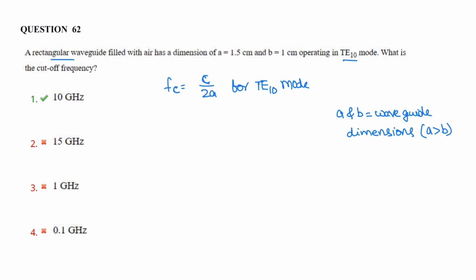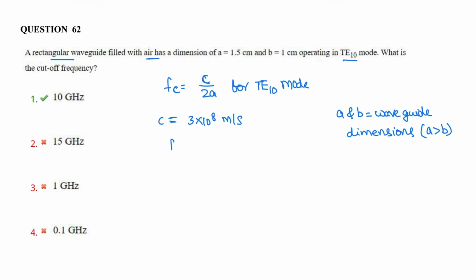In the question, they have given TE10 mode, that is the dominant mode. So for TE10 mode, the cutoff frequency is c by 2a, where a and b are the dimensions of the waveguide. a is the wider dimension and b is the narrow dimension. c is the velocity of light in free space, that is 3 into 10 power 8 meters per second. In the question, it is filled with air.